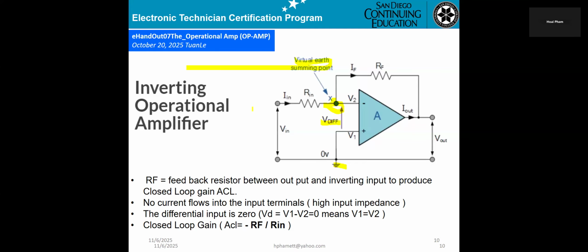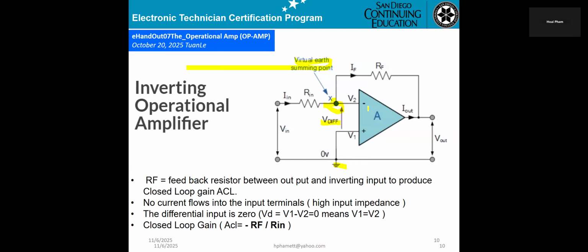So basically, when the current flows into the input through RIN, that current goes to the virtual ground point here. First thing, that current cannot go into the op-amp.